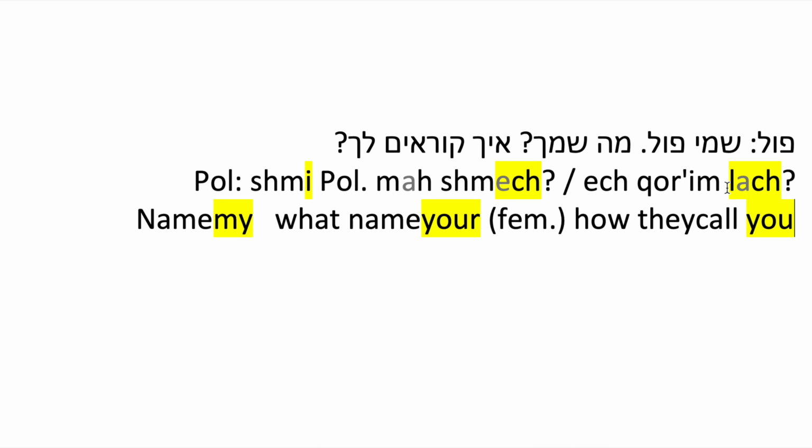Okay, and what does Daniela answer? Daniela says, "Shmi Daniela." So you can see here, shmi, as I told you in the previous sentence, means my name, or literally name my. So the my part again is the i ending.